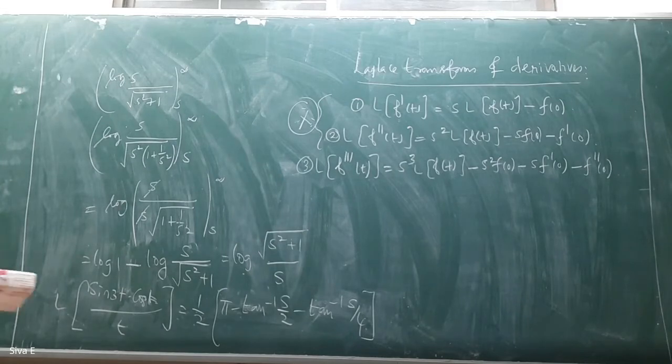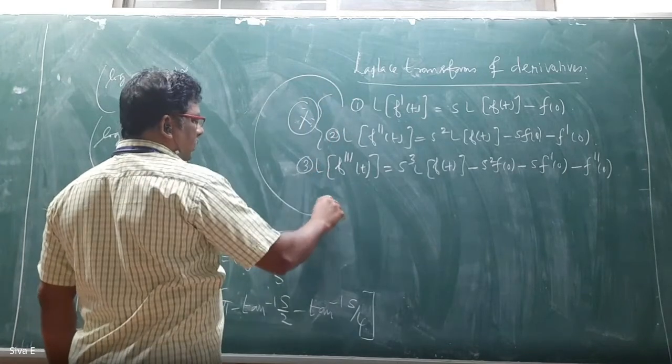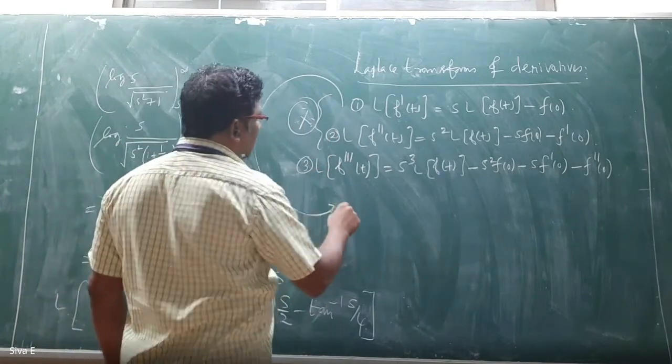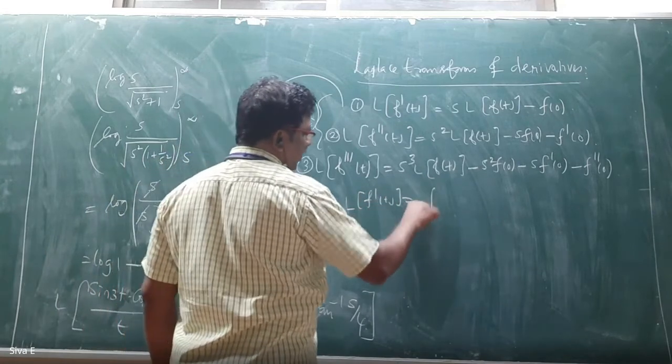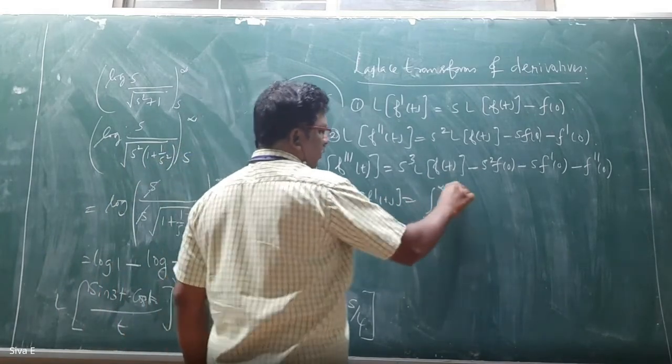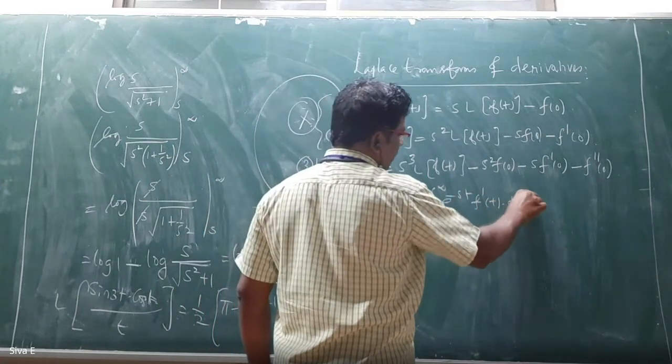So how to get this? First one, the proof of the first one. L of f dash of t is equal to integral over 0 to infinity e power minus st f dash of t dt.